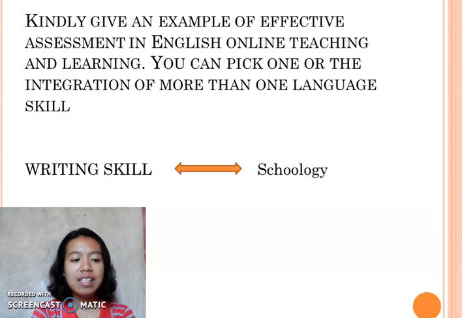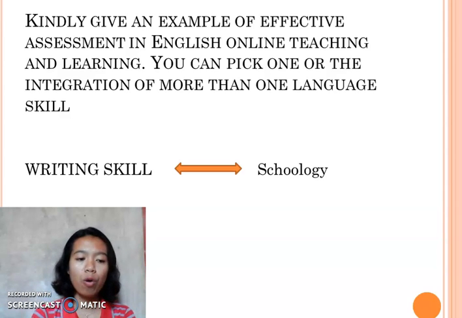In writing skill, the teacher can assess the student through a group project. The teacher assesses the group project as a whole, and then an online discussion is made for an individual participation assessment. The grade is based on a scoring rubric made by the teacher.